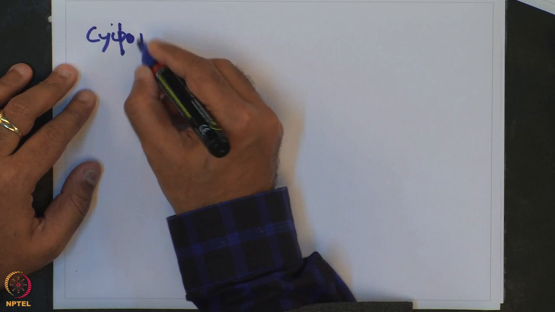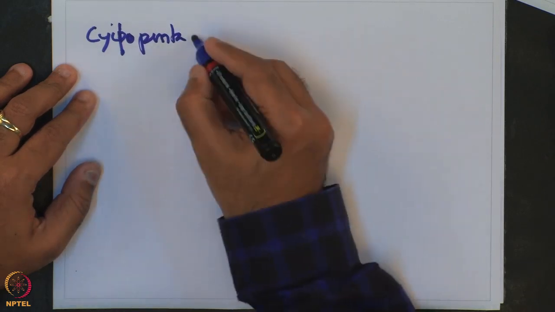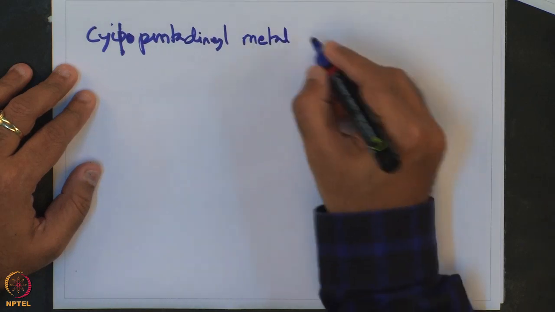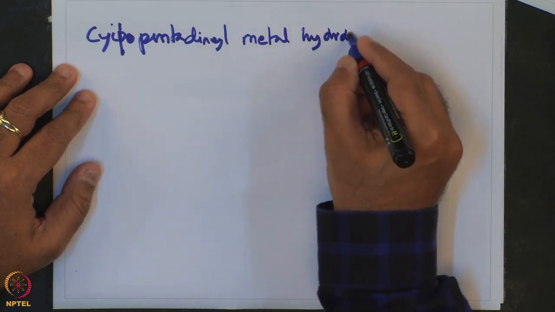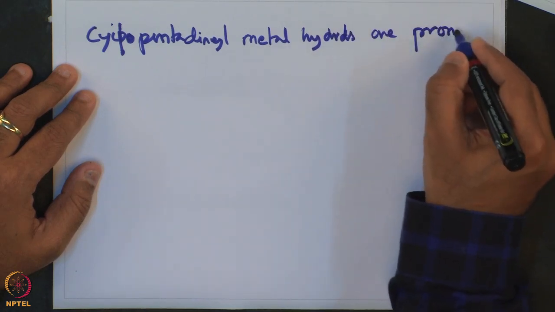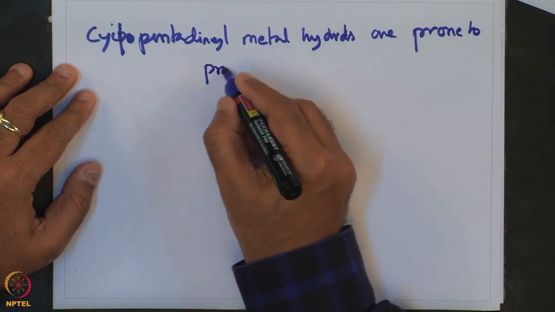Another interesting property of these transition metal hydrides is their reactivity, and these hydrides are generally prone to protonation. Cyclopentadienyl metal hydrides are prone to protonation.